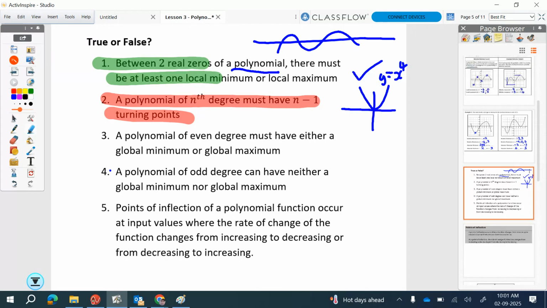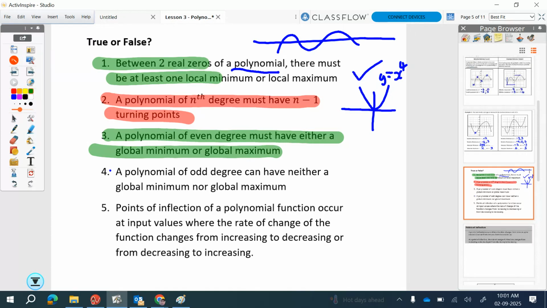They always have a turning point. 4th degree, it's going to have at least 1 turning point. So this one is true. If it's even degree, it's going to have at least one local extreme. A polynomial of odd degree can have neither a global minimum nor a global maximum.